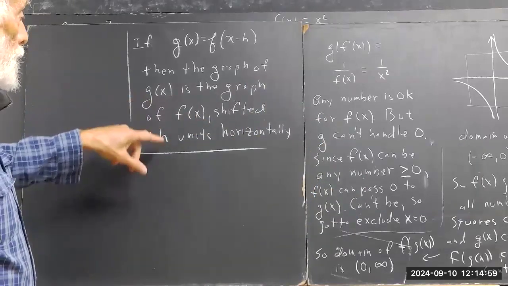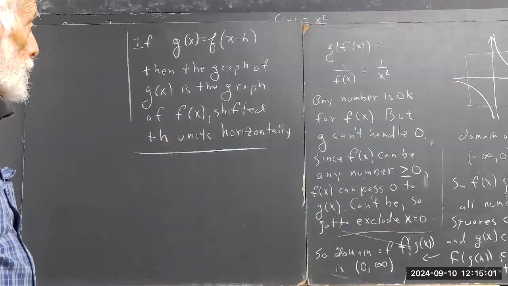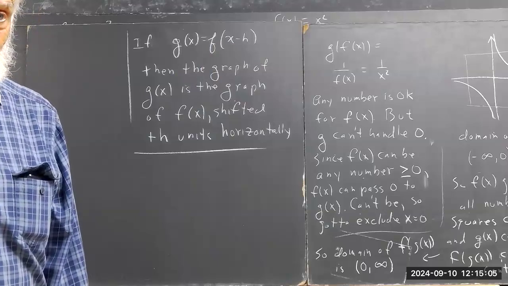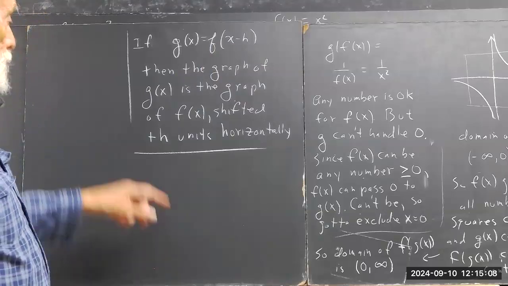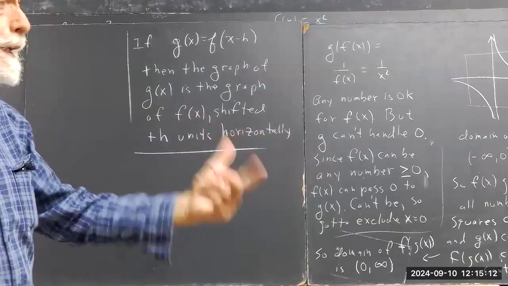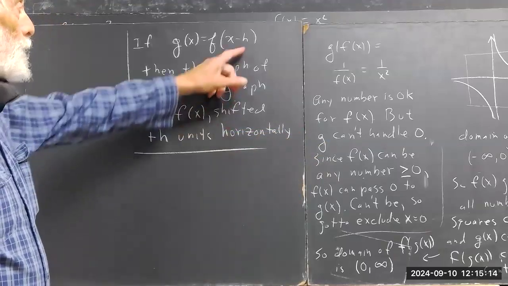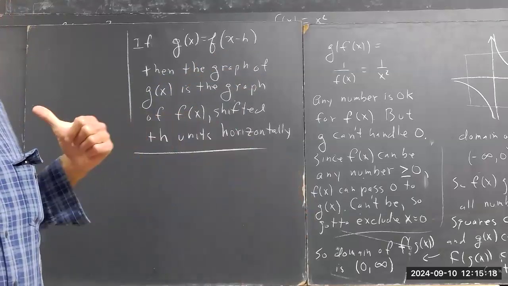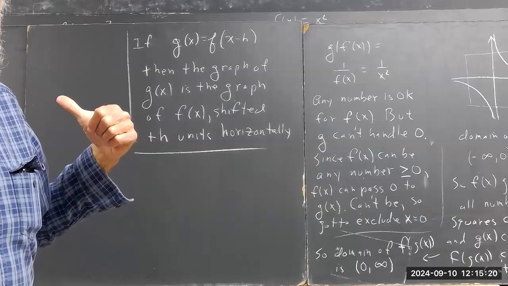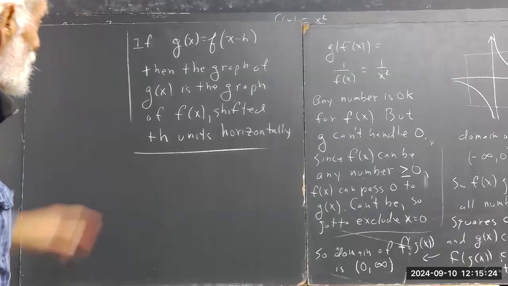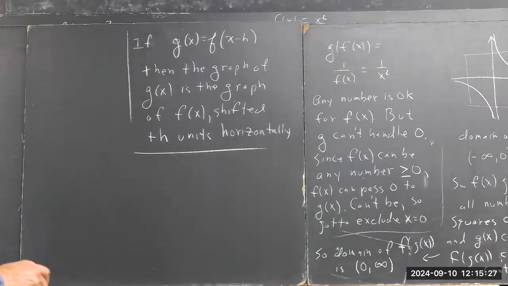So the graph of g of x is a graph of f of x, but it's shifted opposite to the way it looks like it ought to shift. Okay, it's shifted plus h units, and I say horizontally, because h could be a negative number, and then you'd be shifting to the left. Okay? And that's a little confusing.